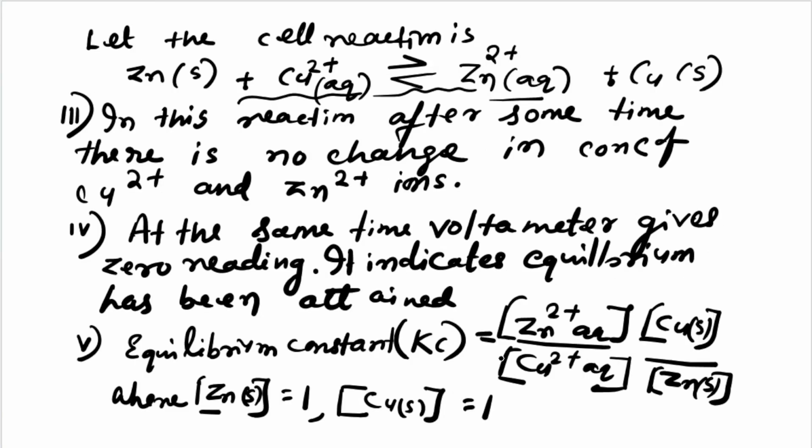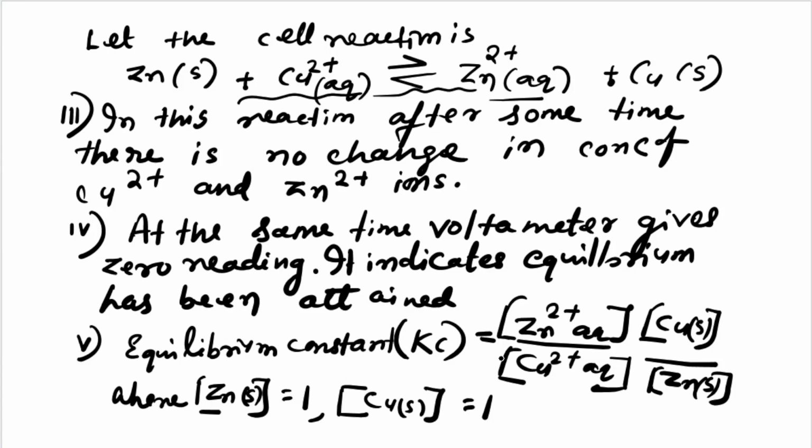Let the cell reaction be Zn(s) + Cu2+(aq) ⇌ Zn2+(aq) + Cu(s). This is now important for the reversible reaction. Here the equilibrium condition comes as the reversible reaction proceeds.